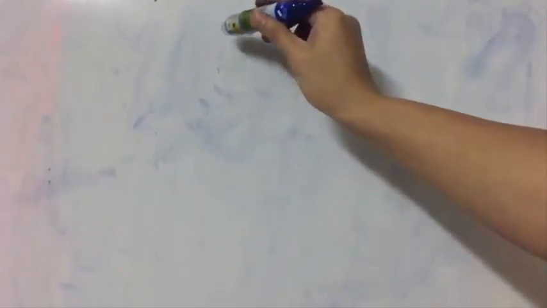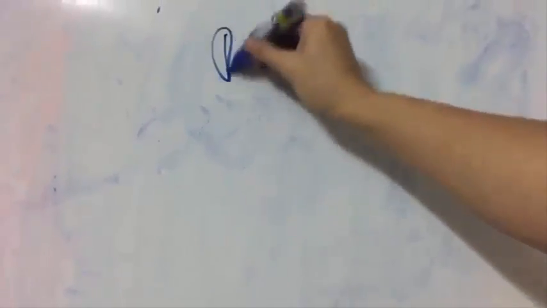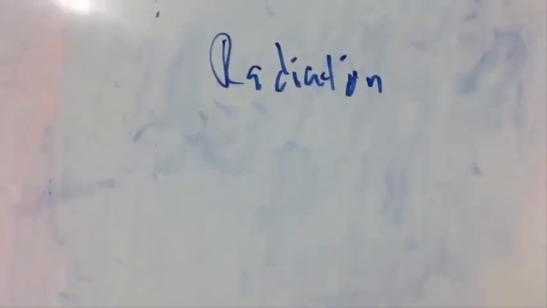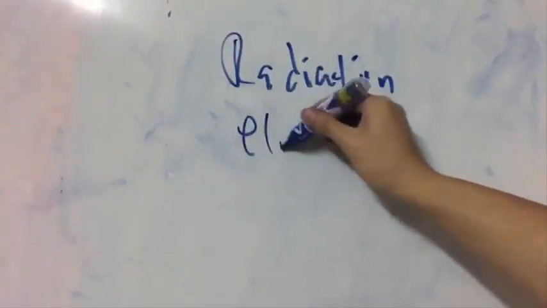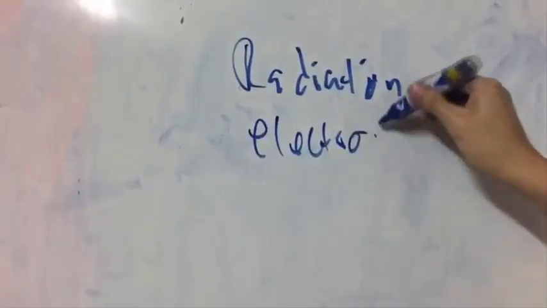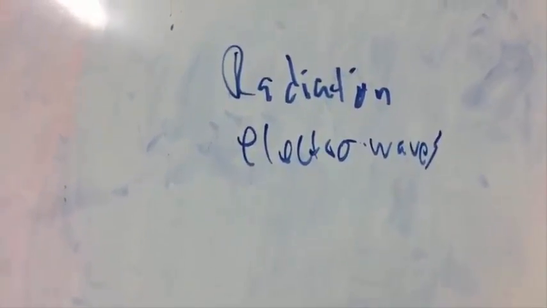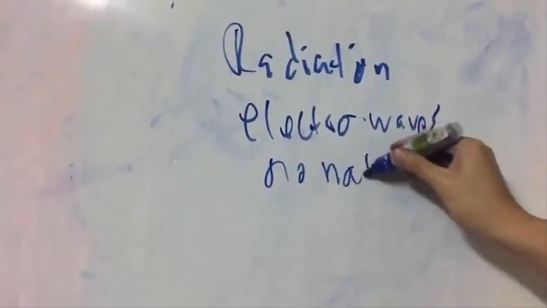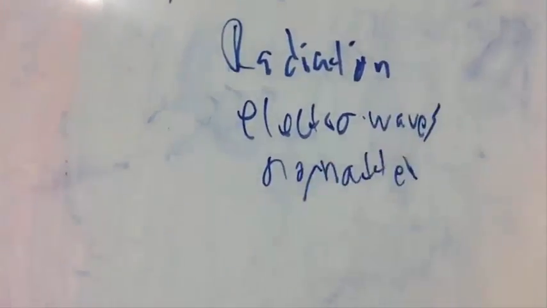Radiation. The definition of radiation is heat transfer through electromagnetic waves. Electromagnetic waves. It doesn't require matter. No matter needed. From our example just now, we used the hot sun.